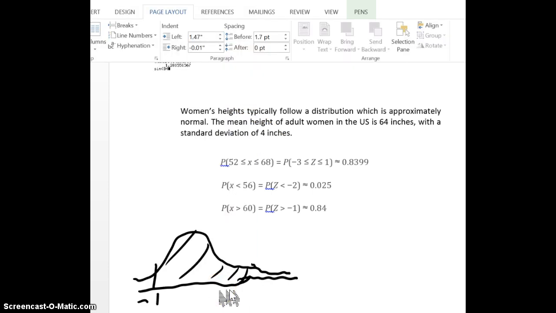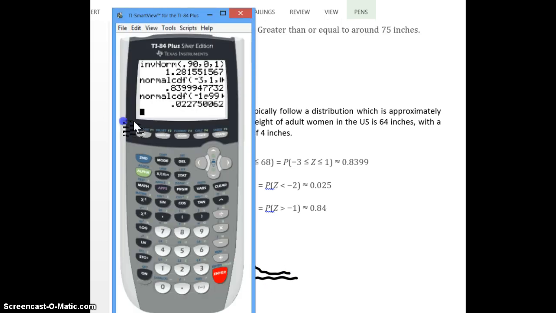Now, let's look at the last example. The probability z is greater than -1. Here's a picture from the normal distribution. Greater than -1, that's the area to the right of -1. So notice there is a left endpoint, but there is no right endpoint. It keeps going, going, going. So how do we show that with our calculator? Again, we're going to do second, VARS, normal CDF, enter.